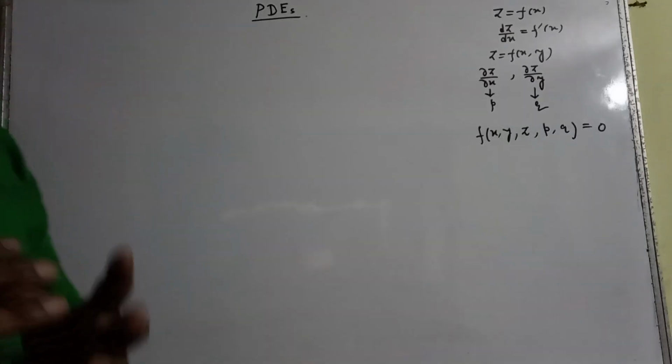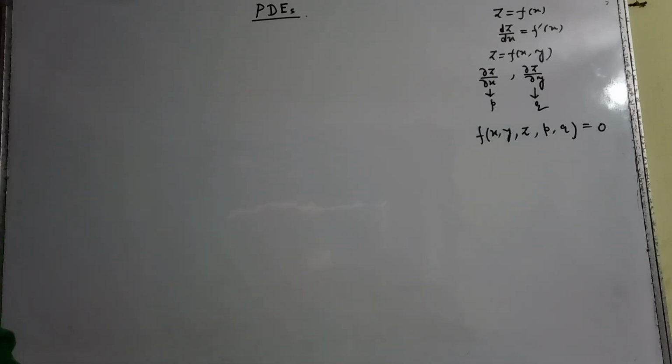Today we learn how to construct or formulate a partial differential equation by eliminating arbitrary constants and by eliminating arbitrary functions. We eliminate arbitrary constants when a relation between x, y, z and one or more arbitrary constants is given. We eliminate the arbitrary constants to form a relation between x, y, z and p, q.